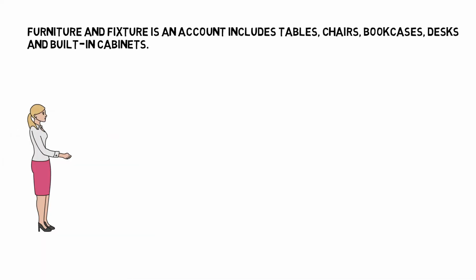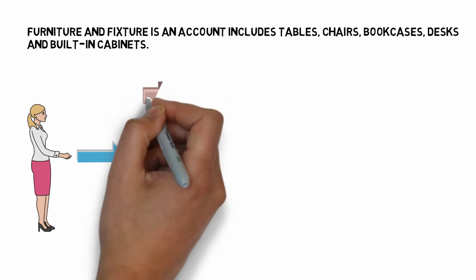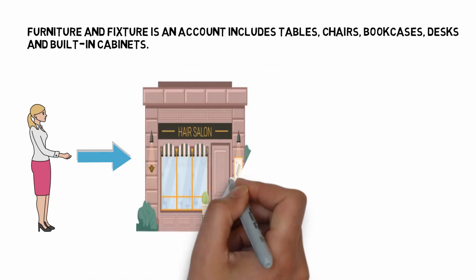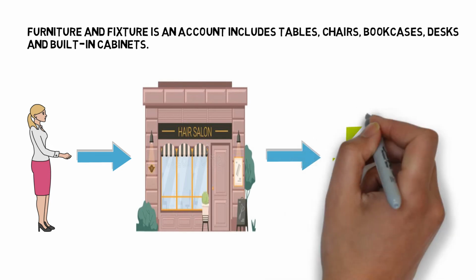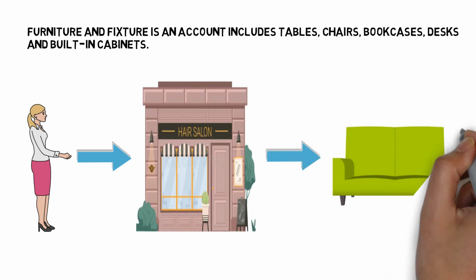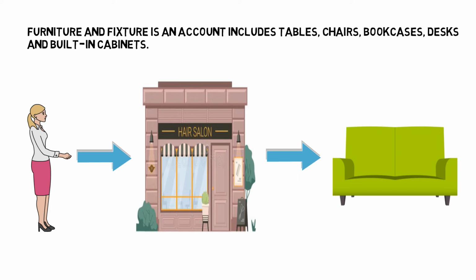Since it is a salon business, which is considered a service business, customers need a waiting area before they can have their turn. That's why Miss Santos decided to buy a sofa set for her salon business.